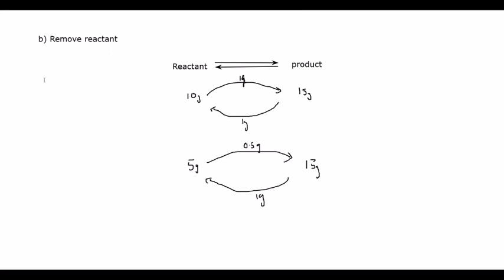So whenever we remove the reactant, what will happen? The equilibrium shifted towards the left-hand side, or backward.